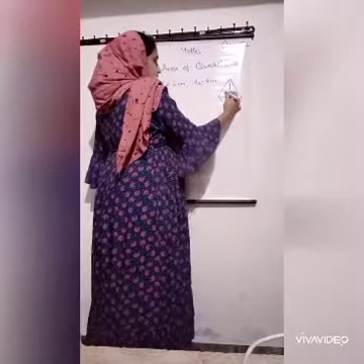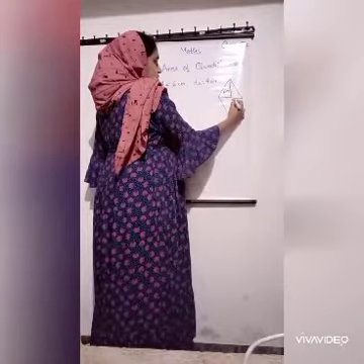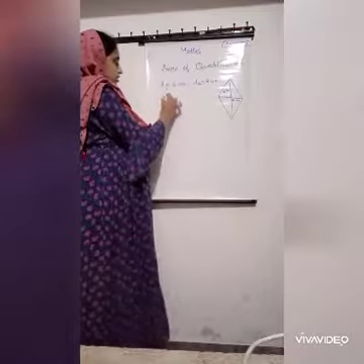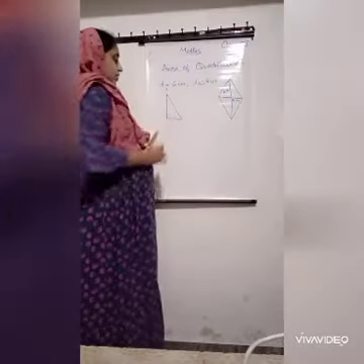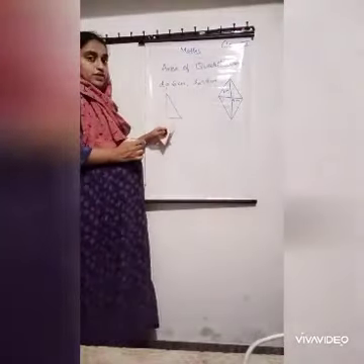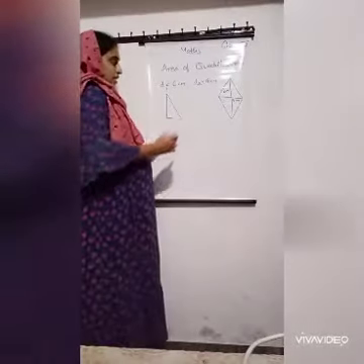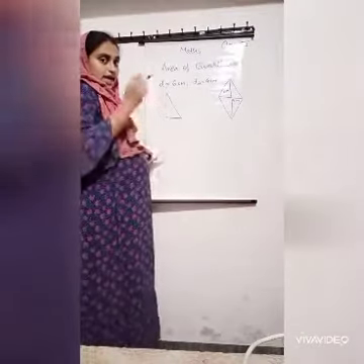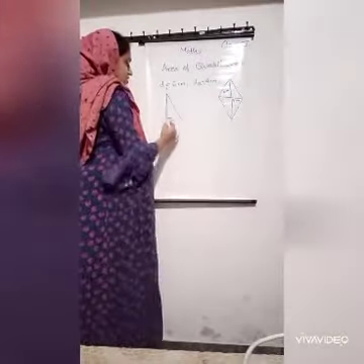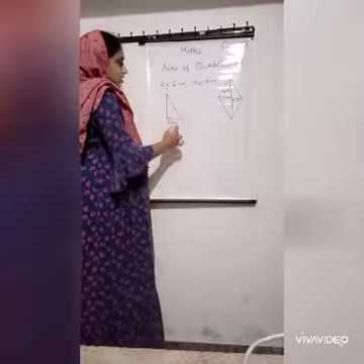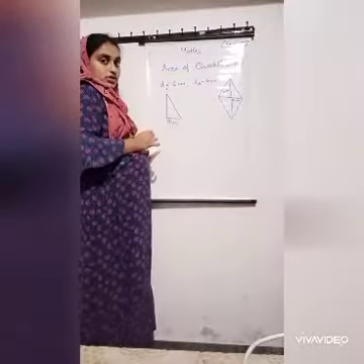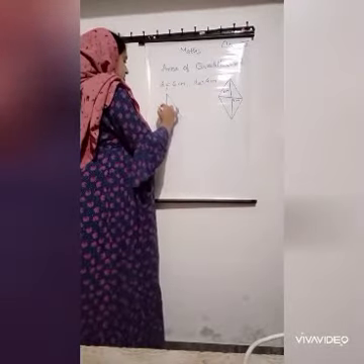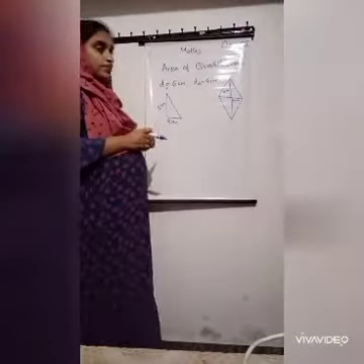This D1 is 6 centimeter, D2 is 4 centimeter. We need to draw one triangle here. What is the length of the base of this triangle? Here it is 4 centimeter. In a rhombus, diagonal bisect. What is this? Yes, very good, 2 centimeter. And this altitude? Yes, 3 centimeter.